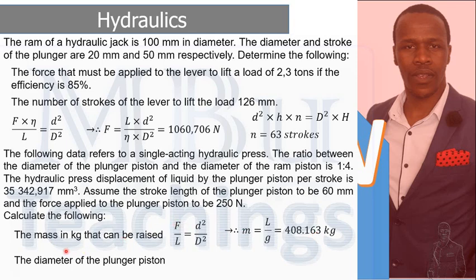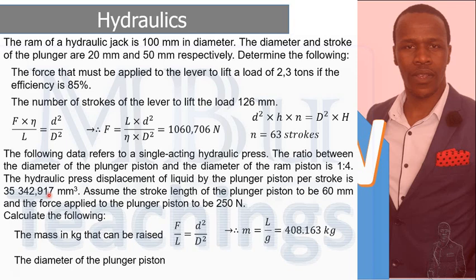Similarly, when we are looking for the diameter, we can obviously go for the volume this time. This is the volume that we have, and remember, the volume on the plunger is the same as the volume on the ram.